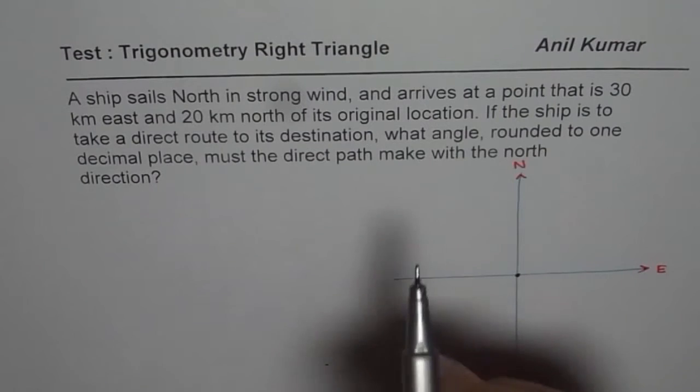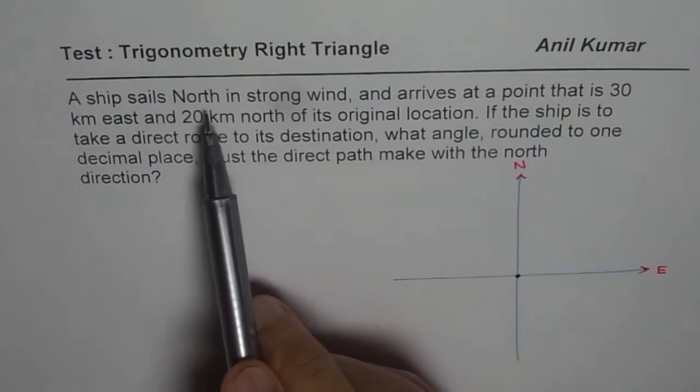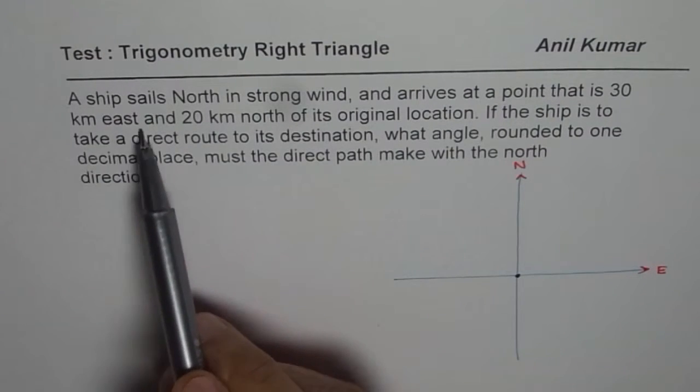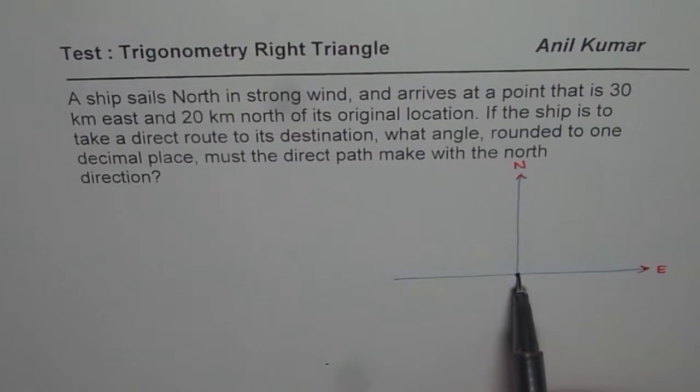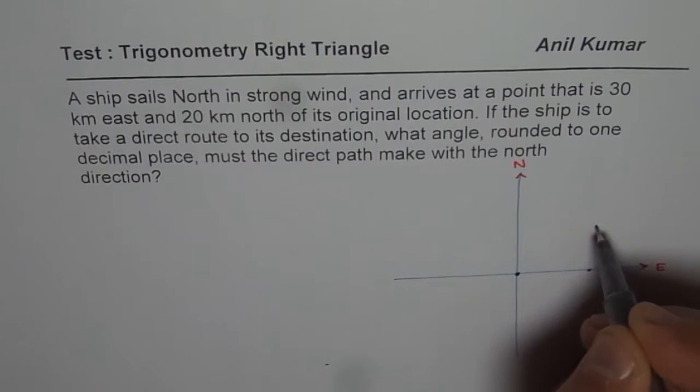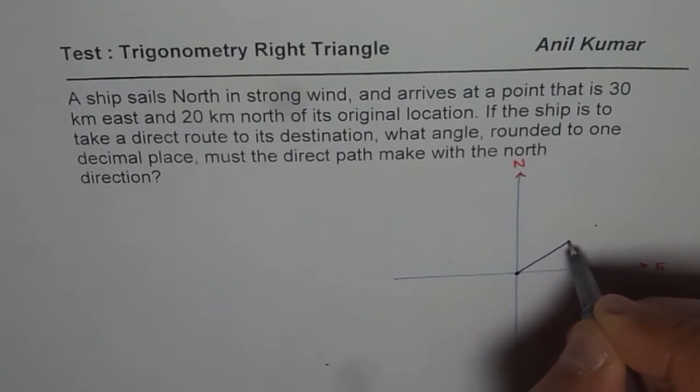It says a ship sails north in a strong wind and arrives at a point that is 30 kilometers east and 20 kilometers north. So that is the point where the ship arrives.